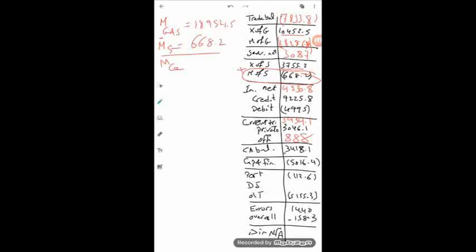Current account balance is calculated. Capital and financial account balance is calculated. Portfolio is given. Missing direct investment. Other long term is given. So we can calculate direct investment as you know, capital account balance equals portfolio plus direct plus other plus short term.